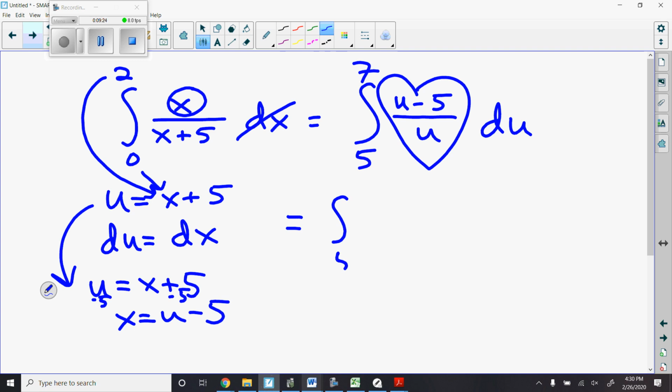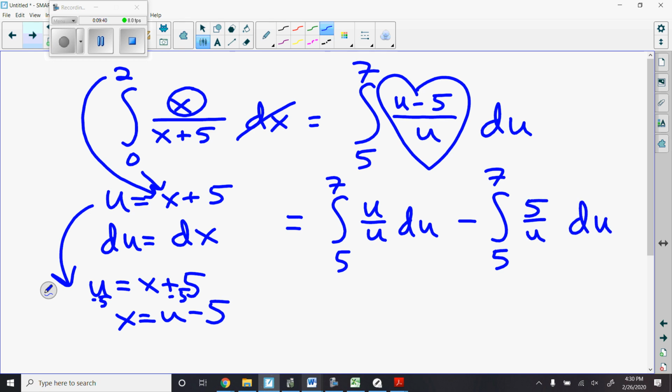So this is going to be the integral from 5 to 7 of u over u du minus, again, I'm going to split the integrals, 5 to 7, 5 over u. Okay. U divided by u equals 1.